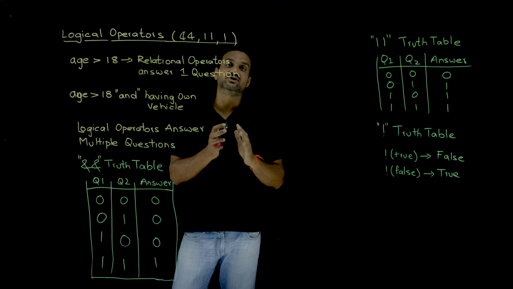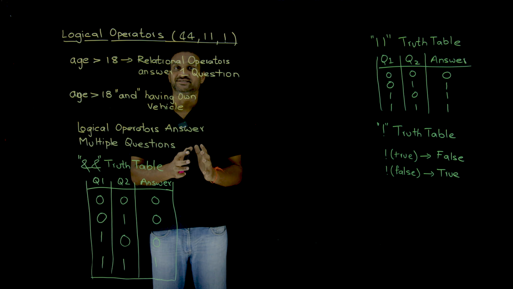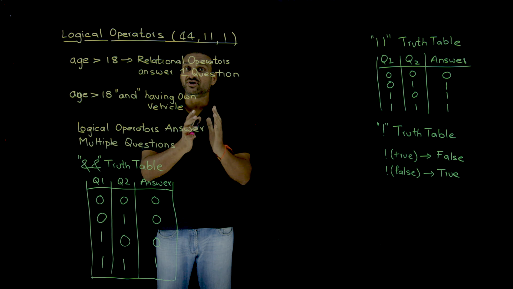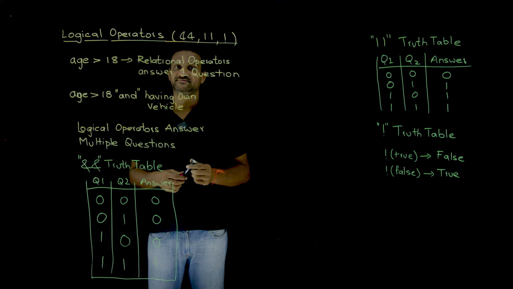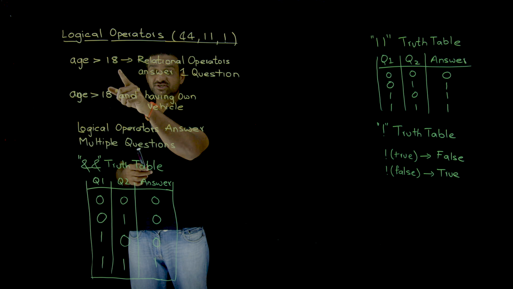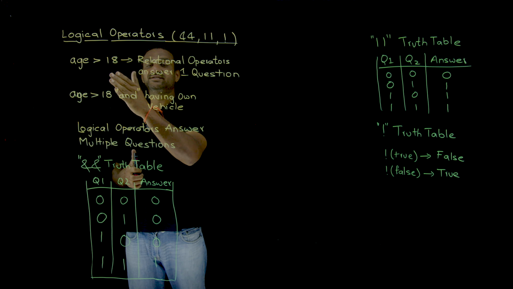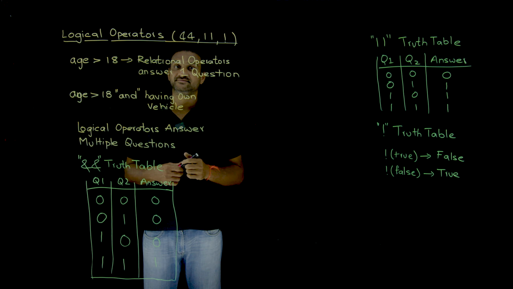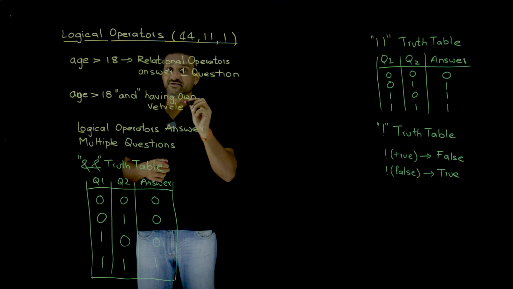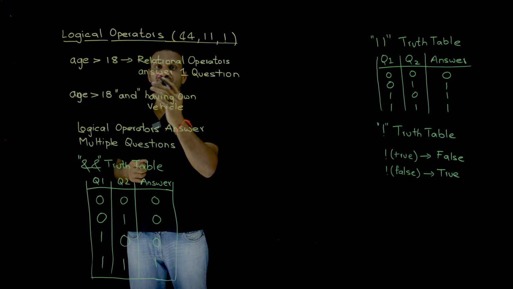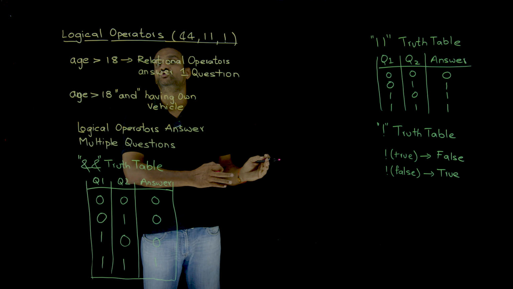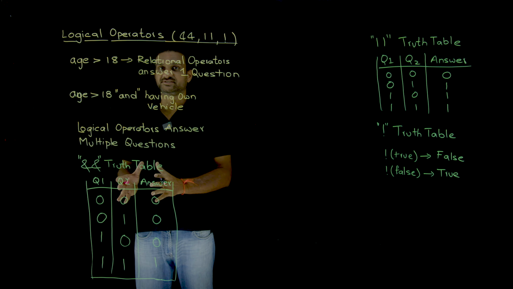For example, if you are attempting a license test, the question that you have to answer is: age greater than 18. Are you going to answer this question or not? Yes, we can answer that. If your age is greater than 18, the answer is true. If not, it is going to be false.